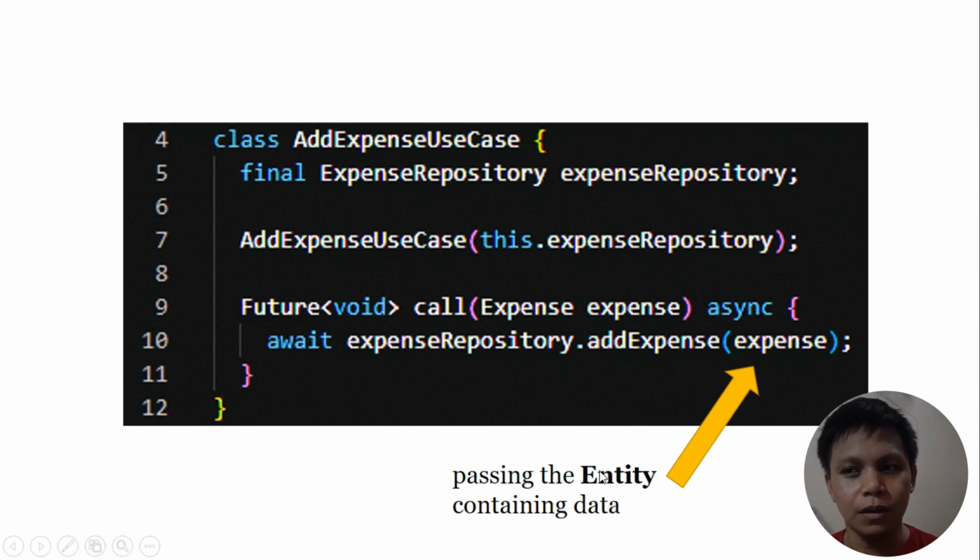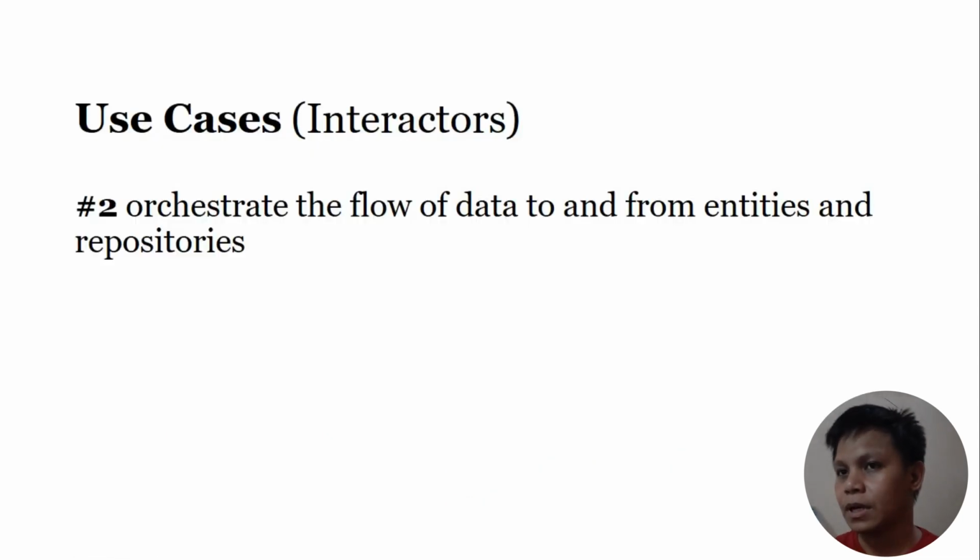The entity contains the data. And this data is passed to the add expense function, which belongs to the expense repository. So that's what this means: that it orchestrates the flow of data to and from the entities and repositories.